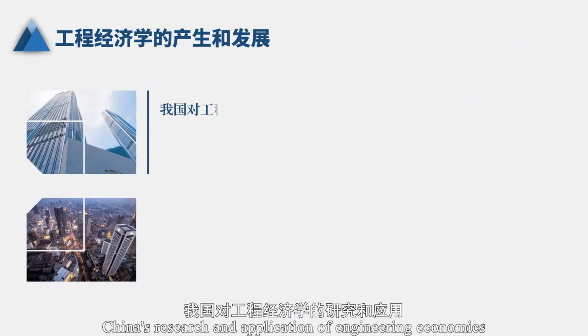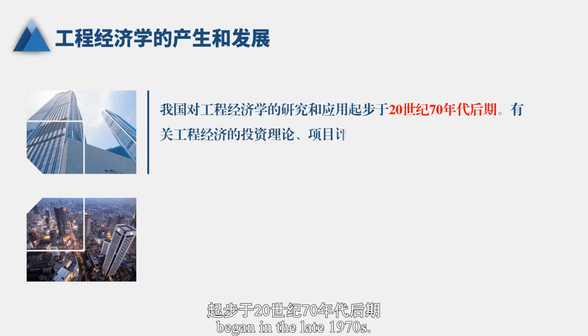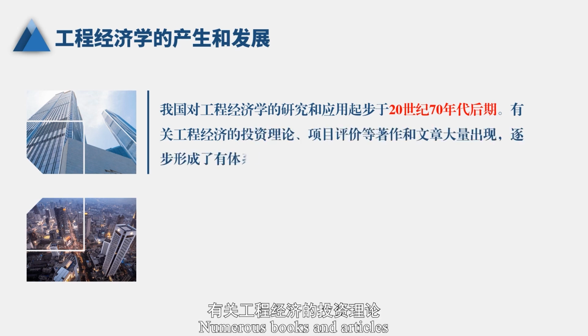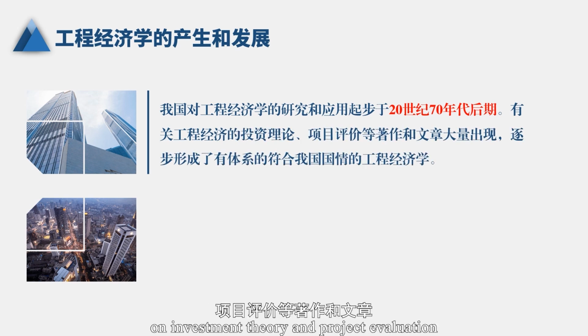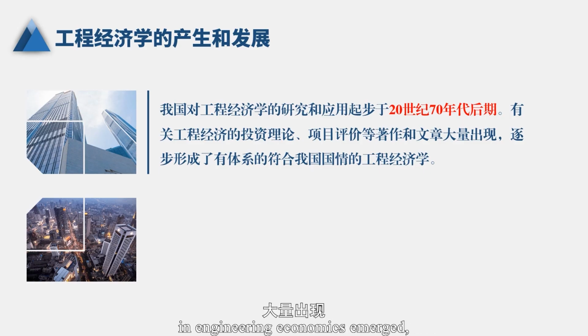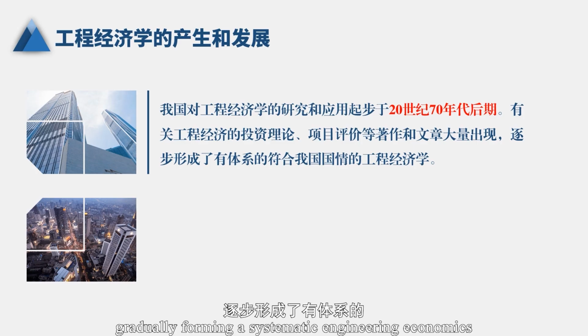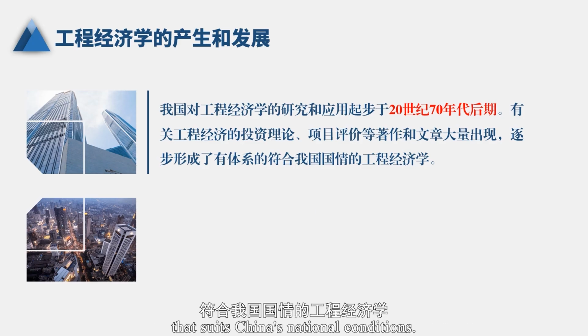China's research and application of engineering economics began in the late 1970s. Numerous books and articles on investment theory and project evaluation in engineering economics emerged, gradually forming a systematic engineering economics that suits China's national conditions.